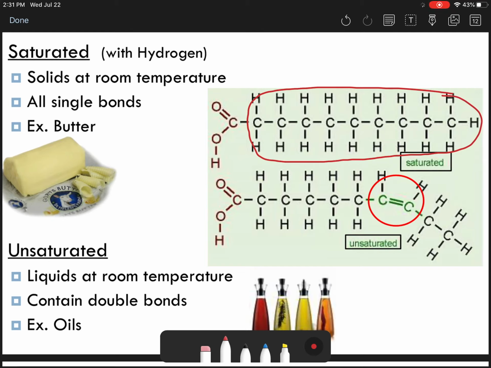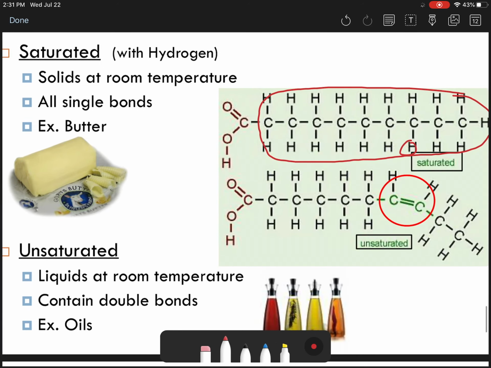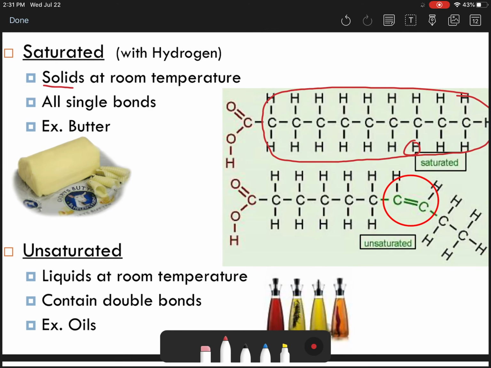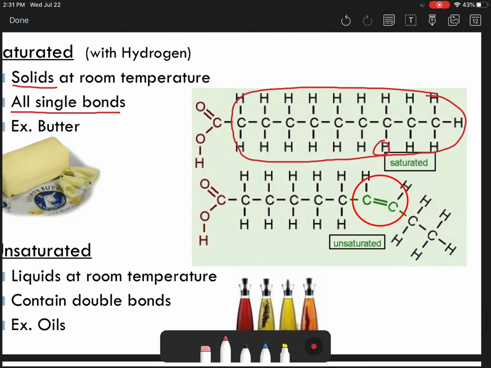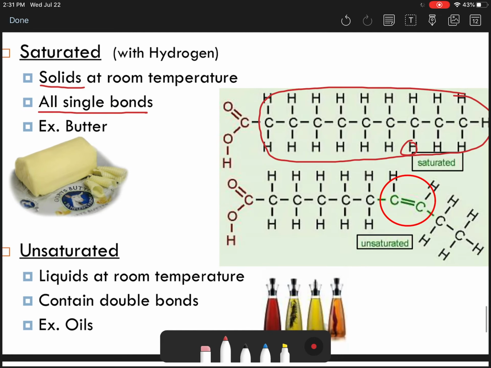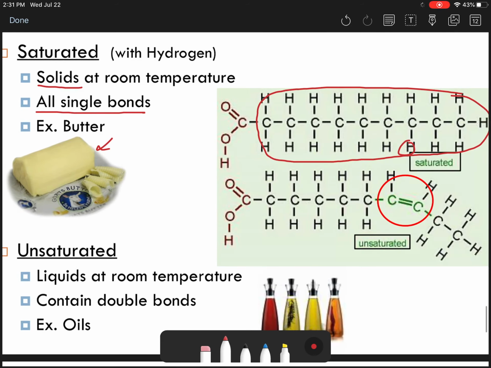So it's totally saturated. Every single one of them is covered with a hydrogen atom. These saturated fats are solids at room temperature. They all have single bonds. That's what makes them saturated with those hydrogens. Butter is a good example.